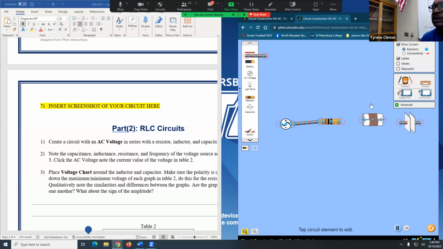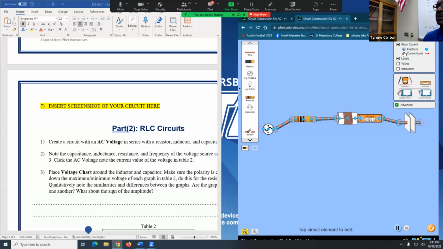So we'll connect all these with a wire. We're in series, remember? And if you wanted to, you could even put an ammeter in here. Remember, the ammeter needs to be in series with this.